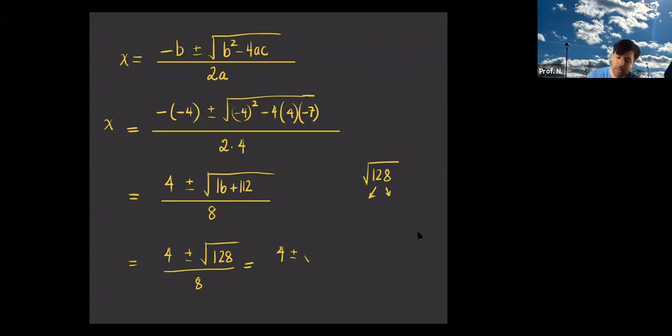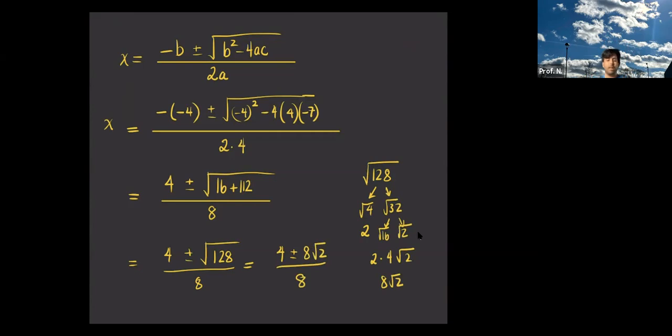So let's do the square root of 4, which is 2, times the square root of 32. But I can break down 32 further, with 16 and 2. So the square root of 16 is 4, and 2 times 4 rad 2 becomes 8 rad 2. So the square root of 128 is actually 8 rad 2, over 8.